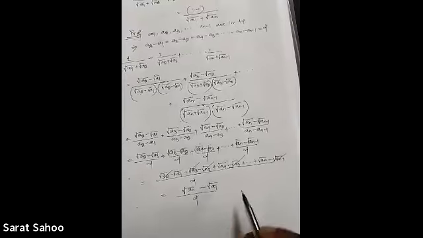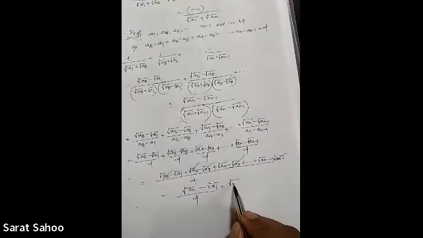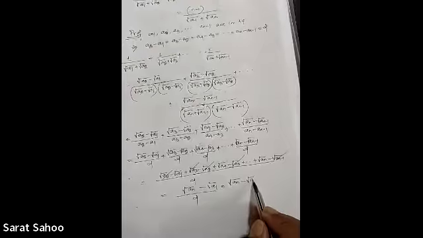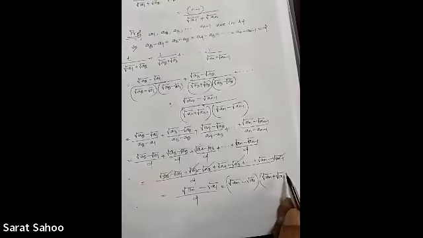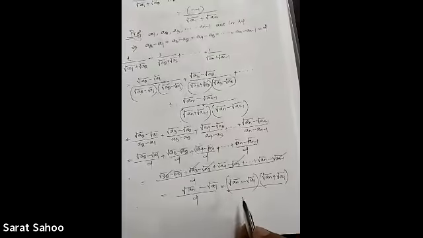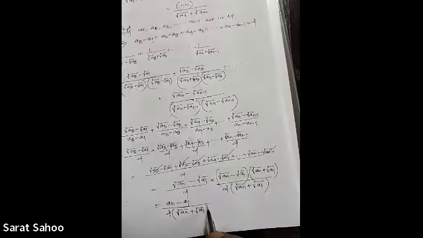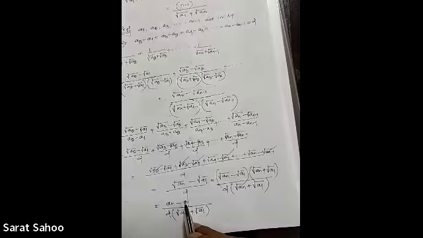Again rationalize. D into, so a minus b into a plus b will be a squared minus b squared. An is the nth term and A1 is the first term, D is the common difference.